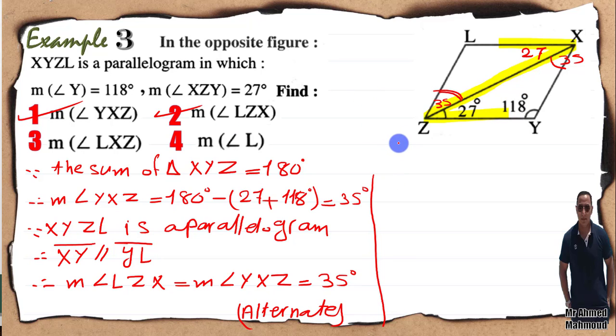Therefore measure of angle LXZ equals measure of angle XZY equals 27 degrees, and also these are alternate angles.